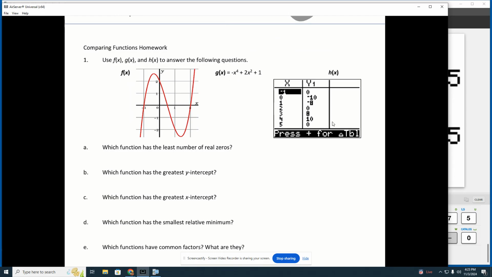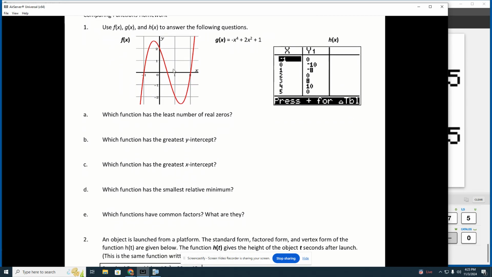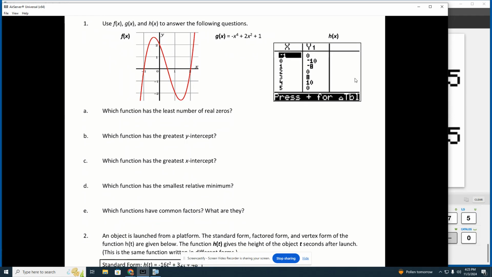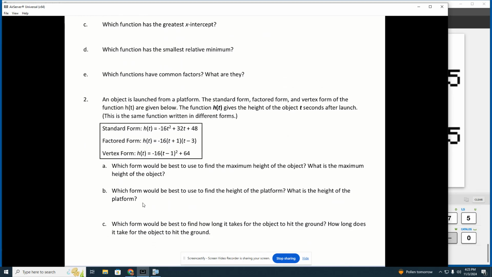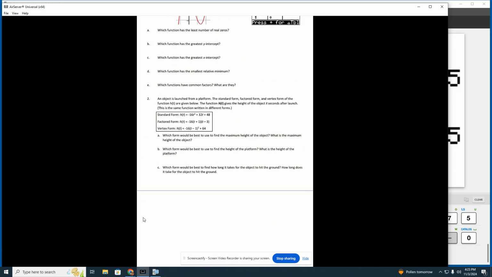And then h of x, they give you a table that you're going to look at. You're going to be able to answer all of these questions using the graph that's already drawn, the graph that you will draw on your calculator, or this table. And then you've got one more, number 2, and those are your assignments for tonight.